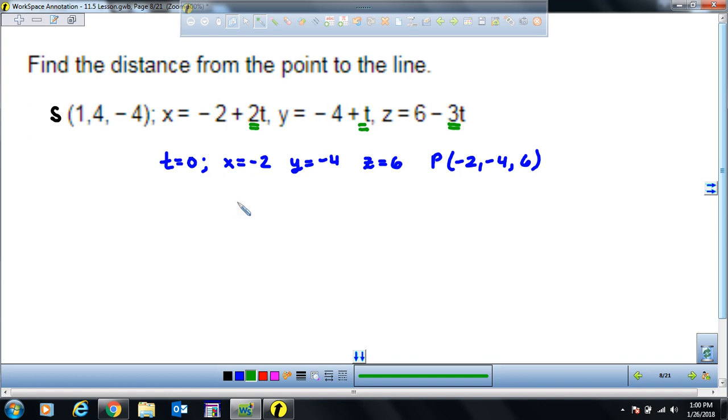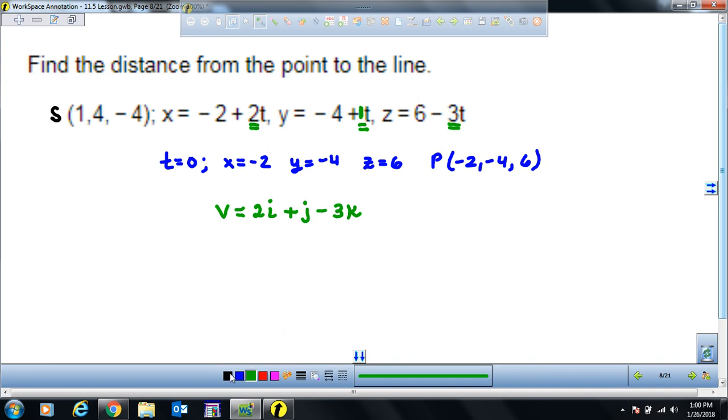So I want a vector V that has the exact same slope as that one, which in this case is going to be using the same components. We're going to call it 2i because that is my x component, plus 1j, which is this component right here, and then minus 3k, which is the k component right here for the z. And this vector will be parallel to this line.